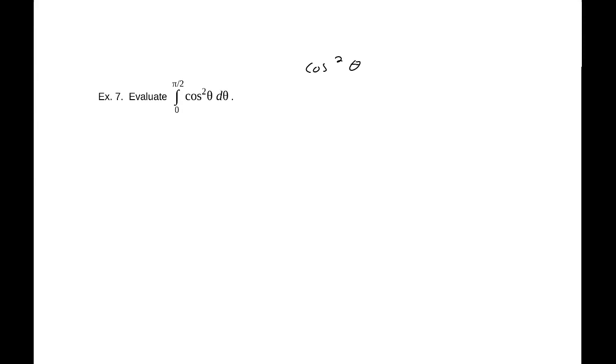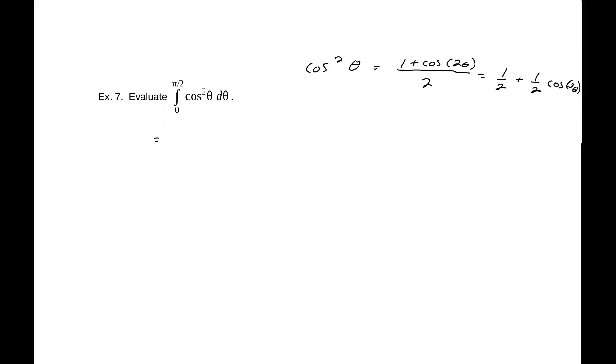Cosine squared theta equals 1 plus cosine of 2 theta over 2, which is equal to 1/2 plus 1/2 cosine 2 theta.